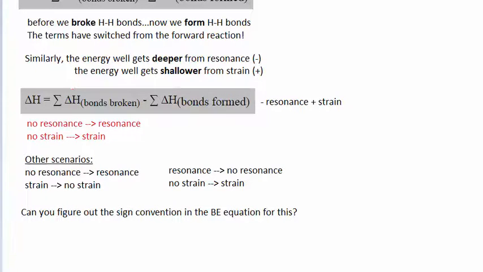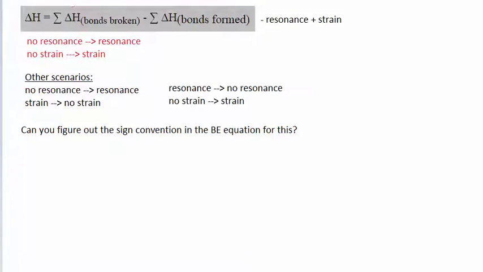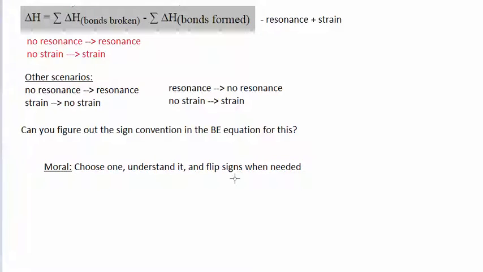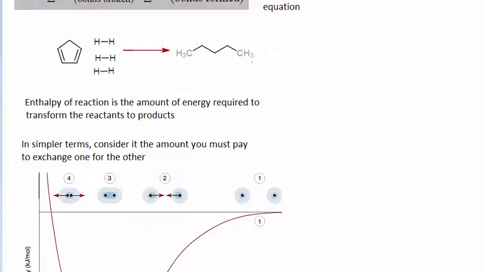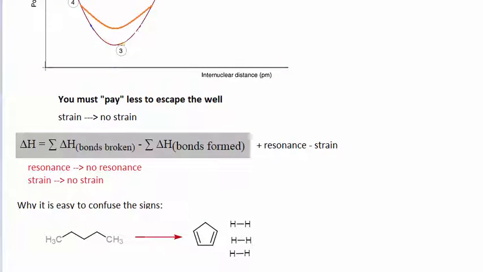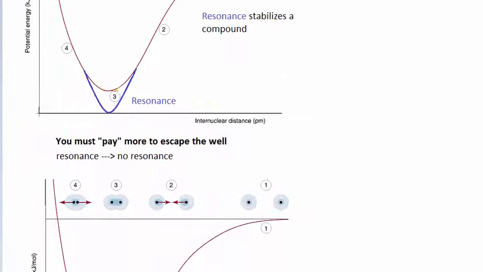And I think the point here is, when you're trying to figure out whether or not the resonance is going to be positive or negative, you should choose one of these scenarios and understand it, and then when you need to, just flip the signs. In other words, I would say choose this equation, the first one we went over, because this is the most intuitive argument.